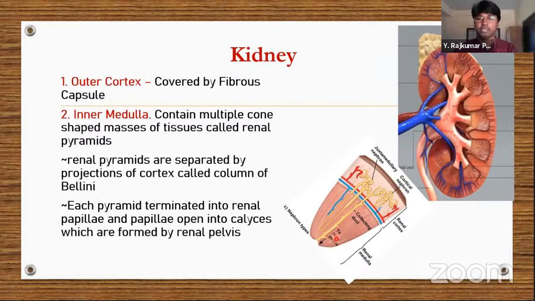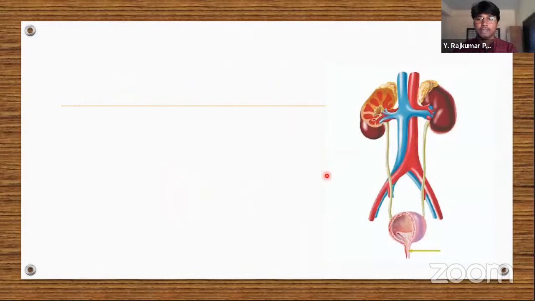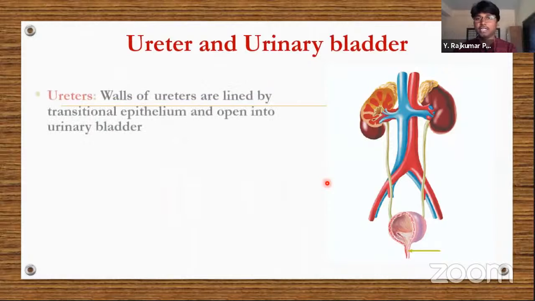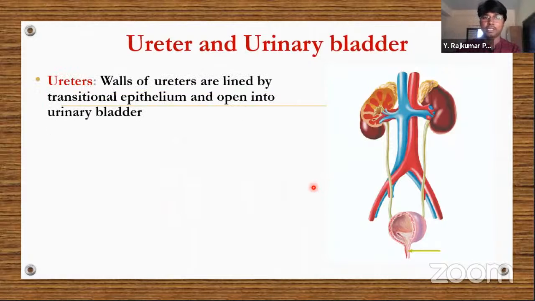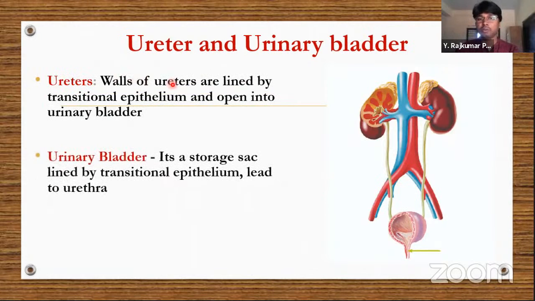Now we will learn about the ureter and urinary bladder. The walls of the ureters are lined by transitional epithelium, and it opens into the urinary bladder. Ureters, just now I located them.